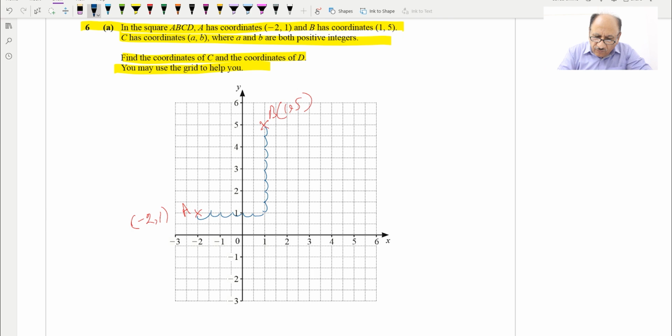Similarly, we can check from this side, because we need a square, so we can check the other side: 1, 2, 3, 4, 5 and 6, 7, 8, and then 6, and we reached over here. And this is basically 5. Coordinates of this are 5 and 2, and both are positive. You can see how I reached over here.